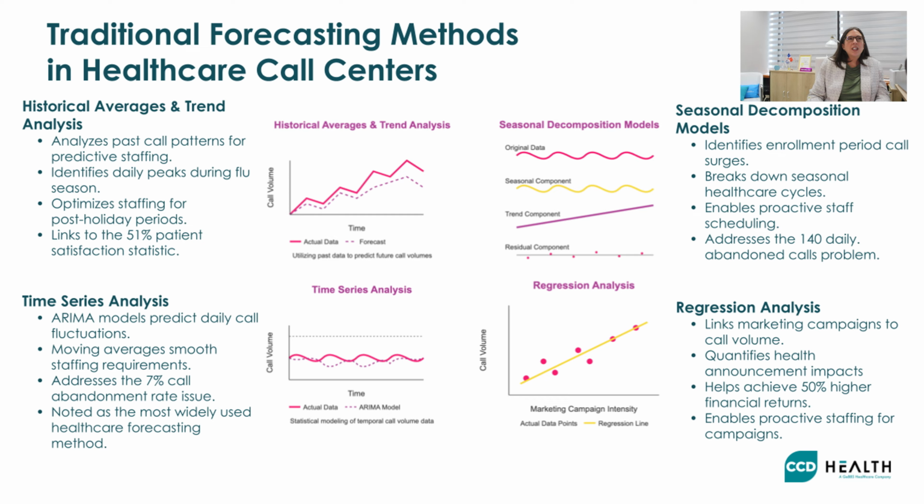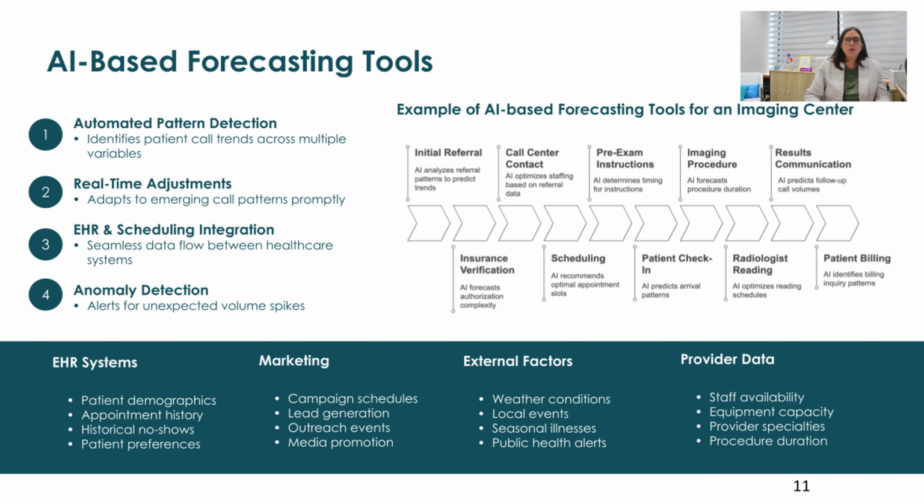Let's go ahead and look into some more modern forecasting. These are usually based out of artificial intelligence tools. Basically, artificial intelligence is transforming forecasting from static models to a more dynamic learning system that's integrated across the whole patient journey.